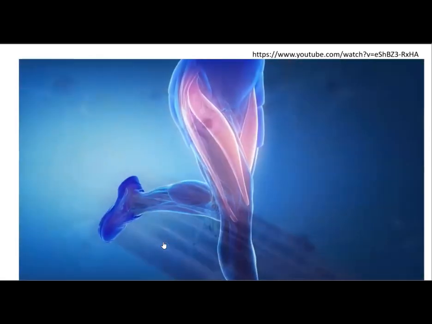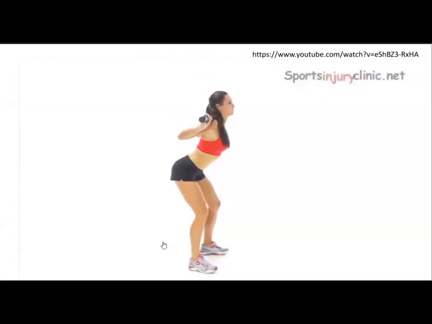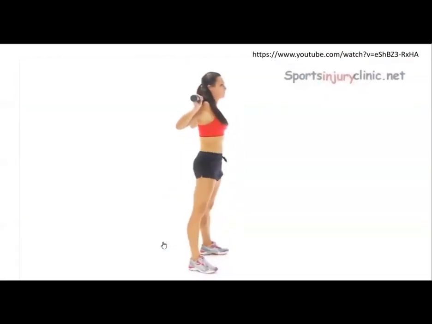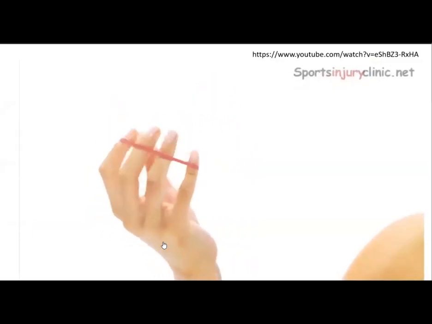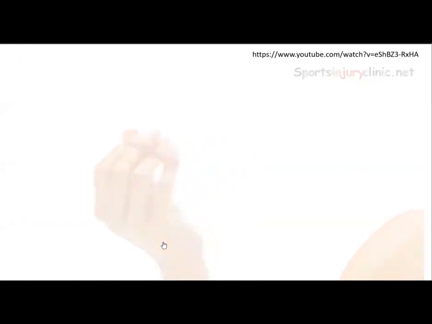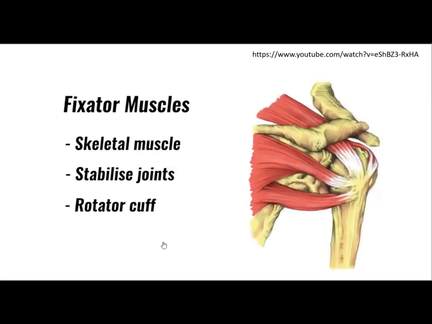They attach to bones via tendons and enable movement. Skeletal muscles can produce powerful, fast movements or small precision actions and have the ability to stretch or shorten and still return to their original shape. Fixator muscles are a type of skeletal muscle whose primary purpose is to stabilize joints. For example, the rotator cuff muscles help stabilize the shoulder.